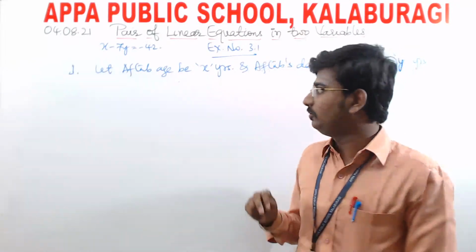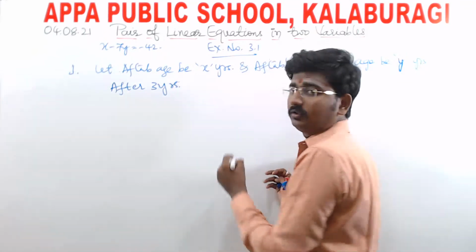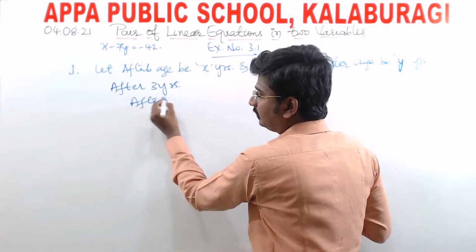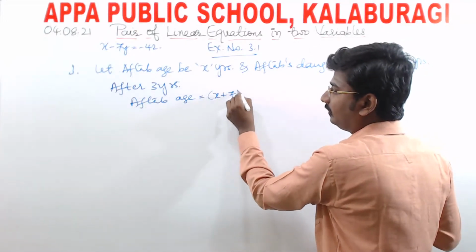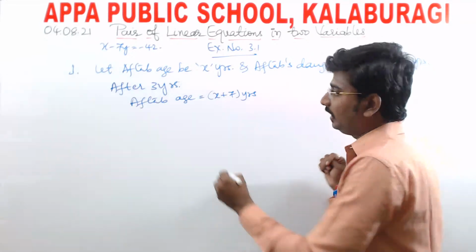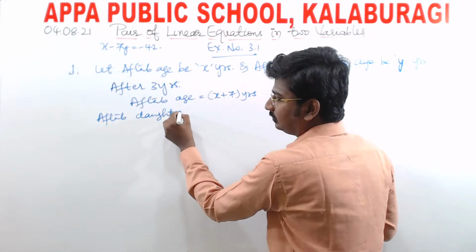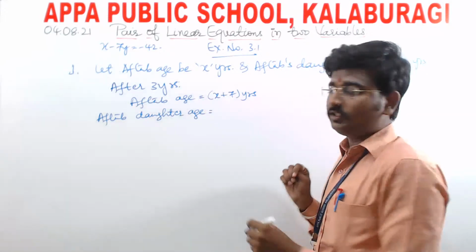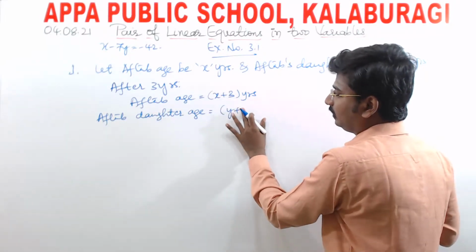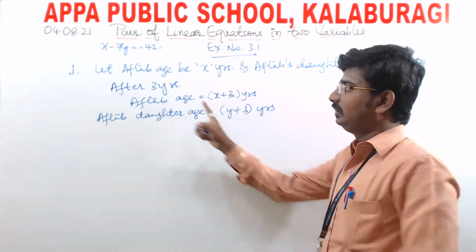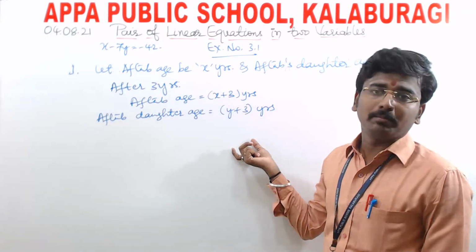So 3 years from now means, after 3 years, Aftab's age will be X plus 3, and Aftab's daughter's age will be Y plus 3 years.